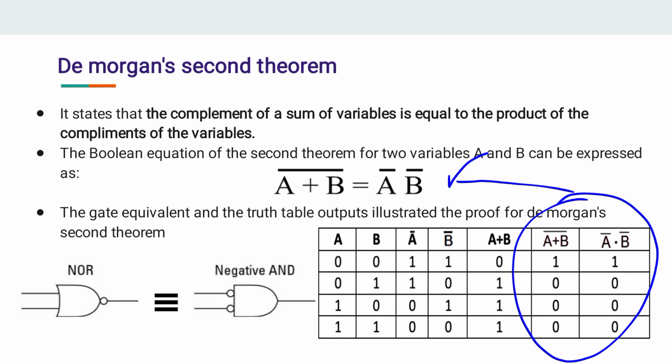So that will signify De Morgan's second theorem. So this is the logic circuit or the logic symbol for De Morgan's second theorem. So this completes De Morgan's first theorem and the second theorem.